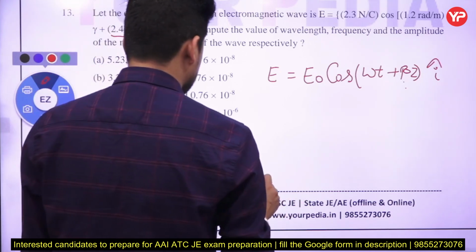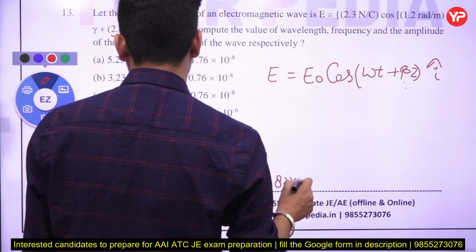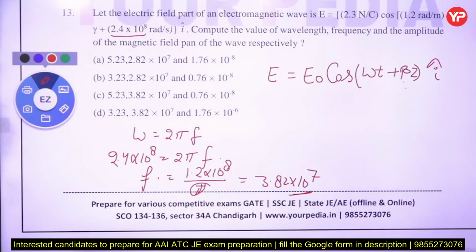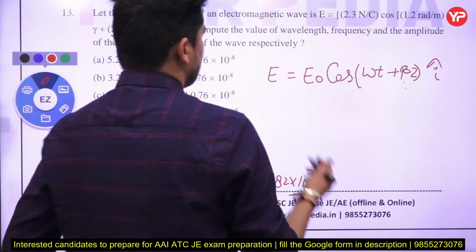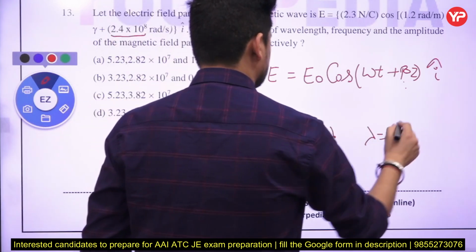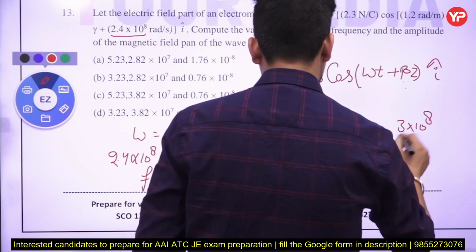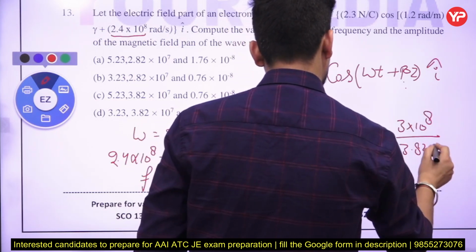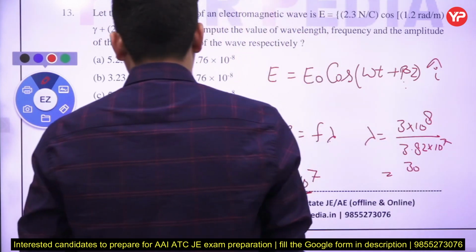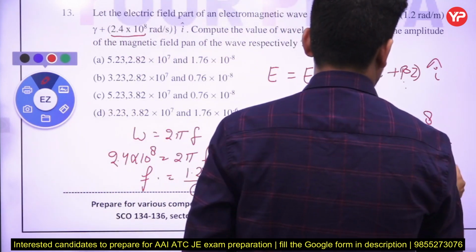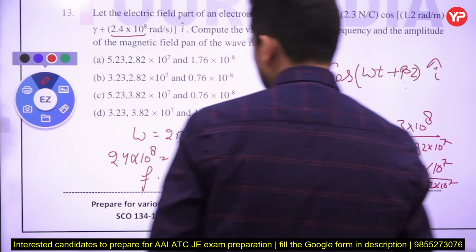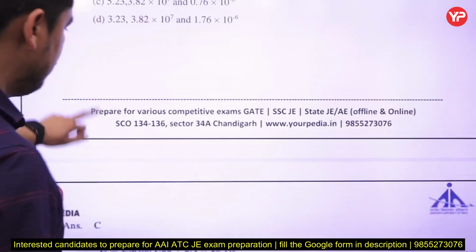So this value is going to be 3.82 into 10 raised to power 7. One value we got here, right? And what are we calculating? The wavelength. See, basically the wave travels in free space, so c is equal to f into lambda. So the wavelength is going to be 3 into 10 raised to power 8 divided by 3.82 into 10 raised to power 7. So that is 30 into 10 raised to power 7 divided by 3.82 into 10 raised to power 7. When you calculate it, you will get the value of the wavelength, right?